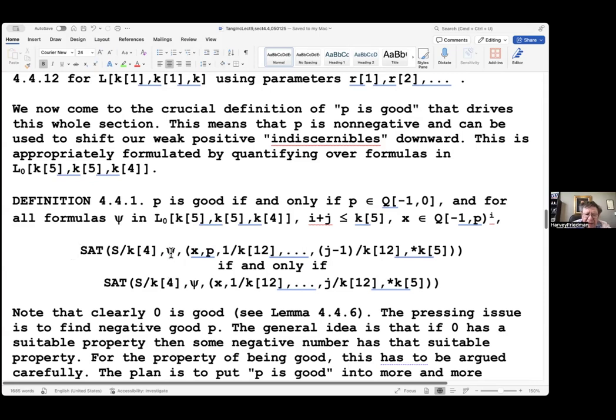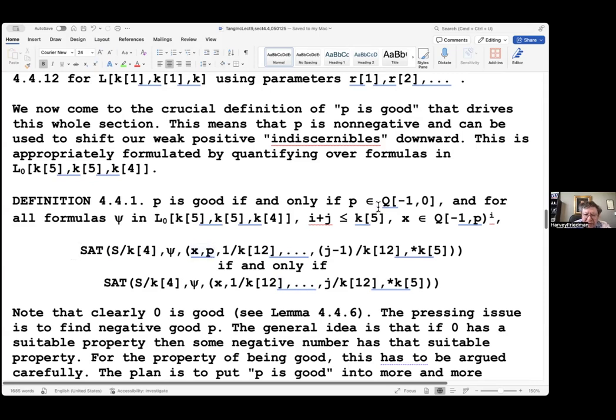But since psi is quantifier free, this is going to be true by induction, because you're just talking about propositional combinations. So this is obviously true when p is 0.